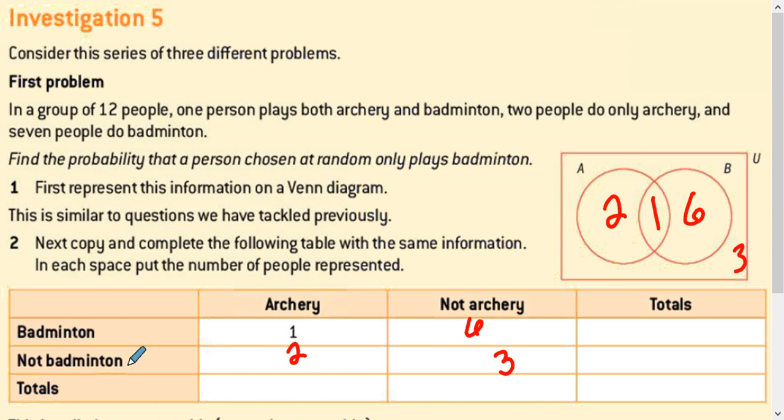The total number of people who play badminton is 7. Total number of people that don't play badminton is 5. Total number of people who play archery is 3, and total number of people who do not do archery is 9. When I add this up and this up, I should get 12. That's the nicest thing about a two-way table, it should always add up to the total number of people. Total should be 12, correct.